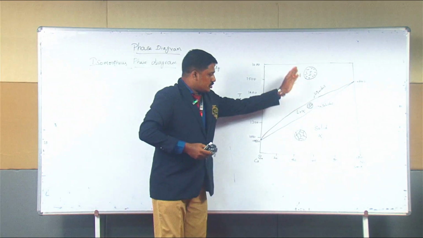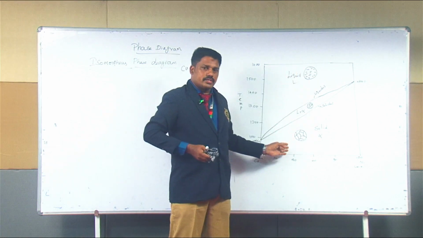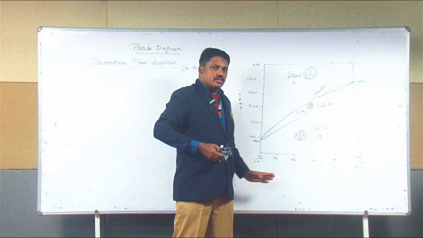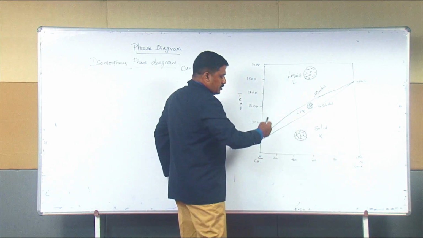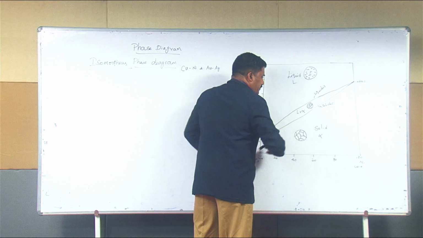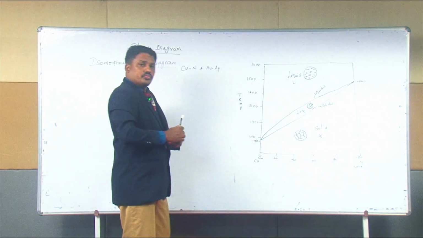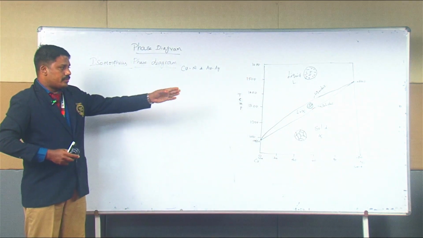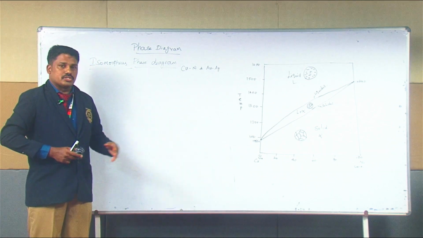Okay. So therefore, in both states, liquid and solid, the two components are completely soluble or miscible. Now, next, this phase diagram is used to find out the amount of phases present in the given alloy systems.